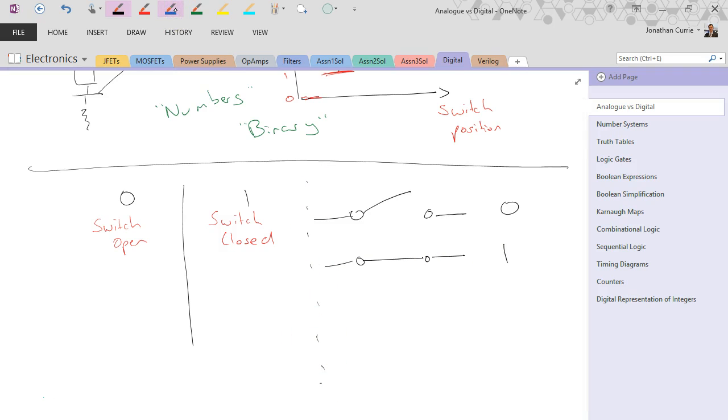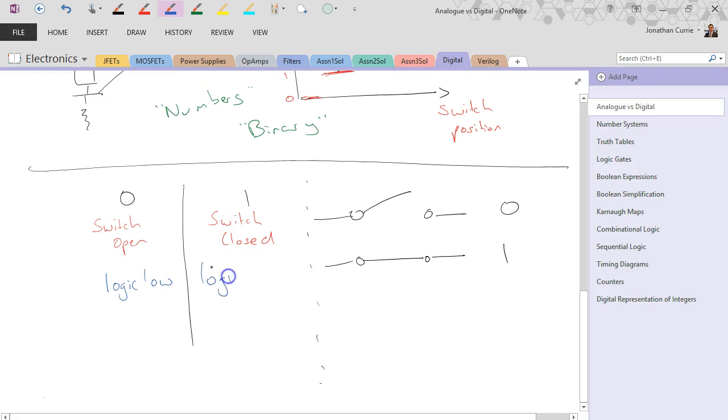Other names that we could say for this: logic low, or logic high, or logic 0, logic 1. You can also use terms like false or true.